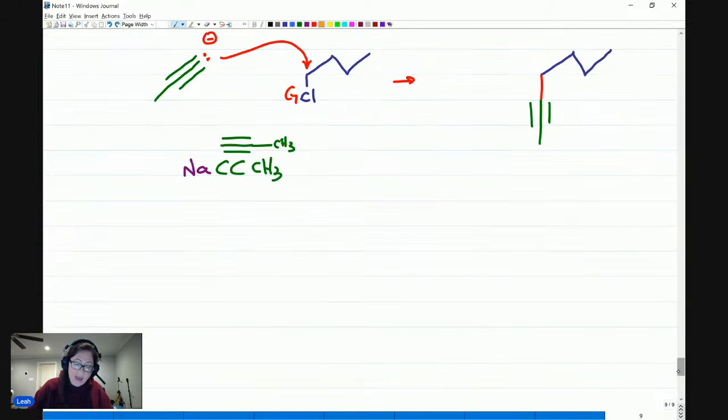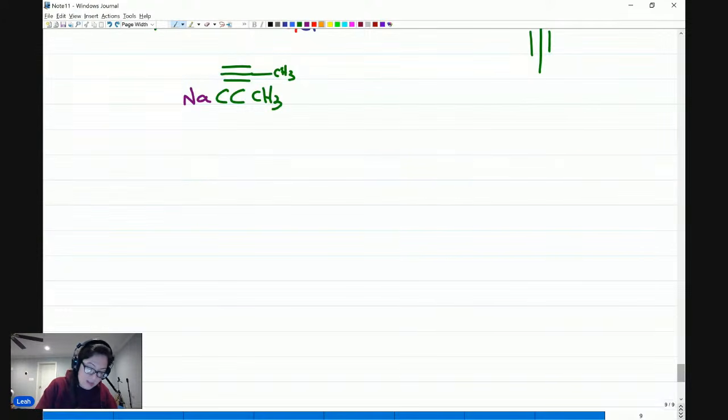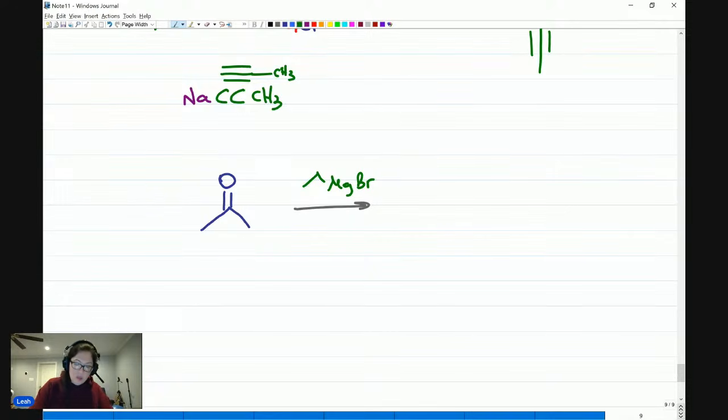If you're looking at your organometallics, you may see something like an acetone reacting with something like MgBr. That would be your Grignard.